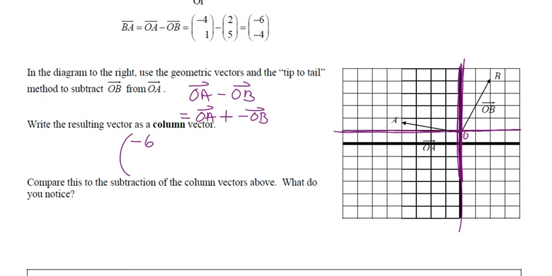It's kind of messed up, right? But it'll take us to negative 6, negative 4. Or at least in theory it should.